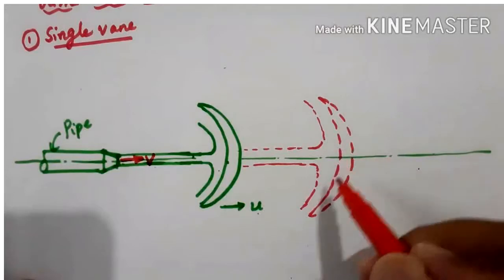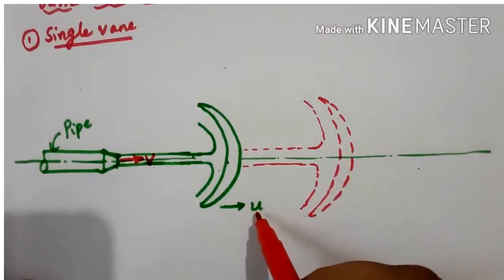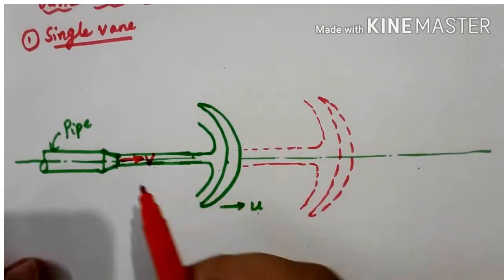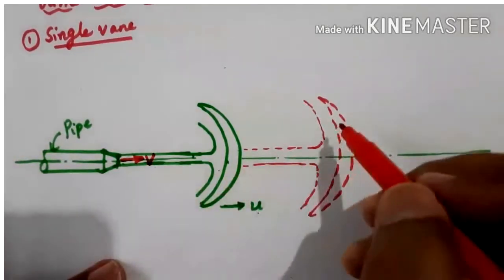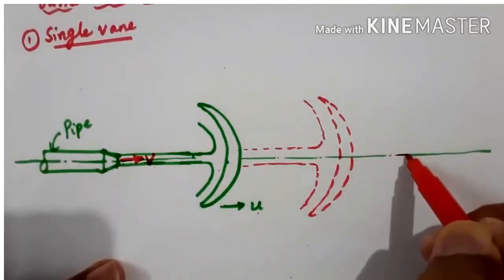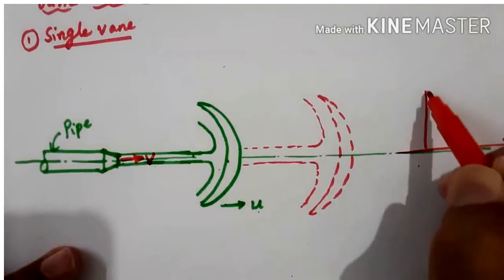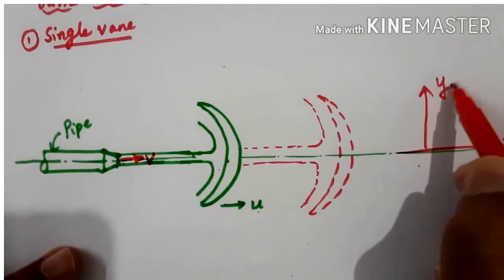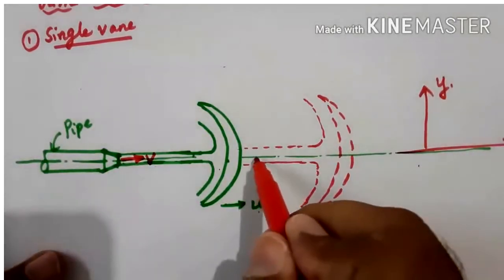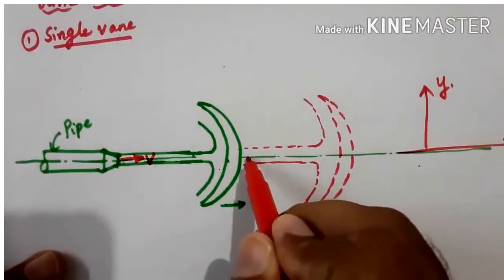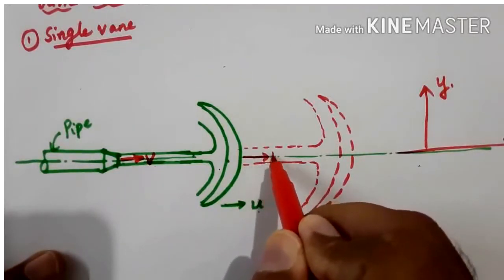Then this u is called the velocity of the vane. Then we have to calculate again the force in x direction as well as the force in y direction. So the velocity of the vane is u here.